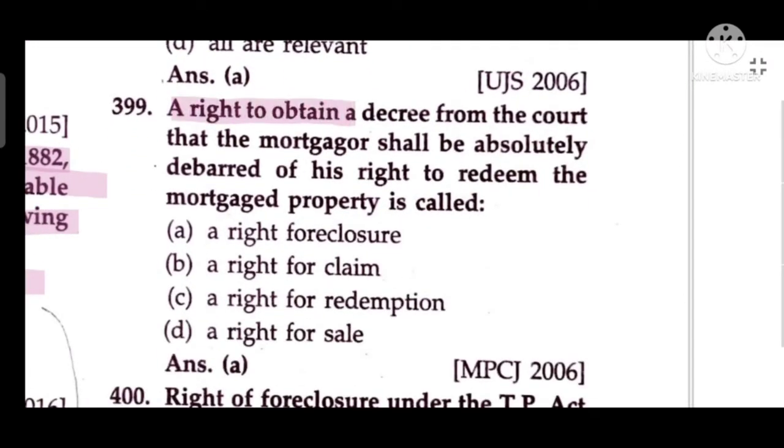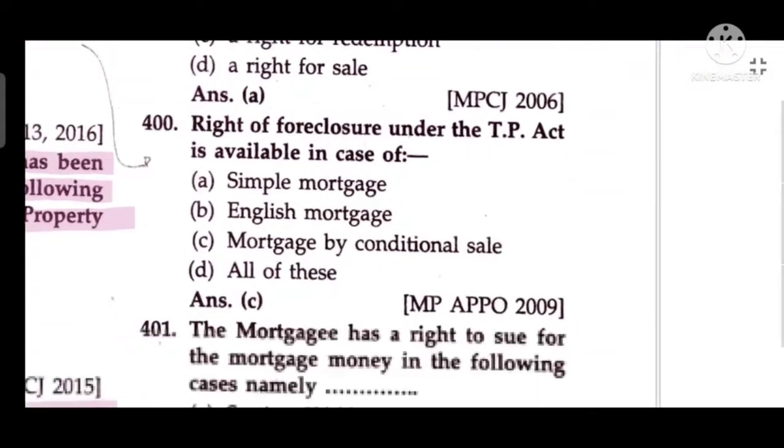A right to obtain a decree from the court that the mortgagor shall be absolutely debarred of his right to redeem the mortgaged property is called the right of foreclosure. Right of foreclosure under the TP Act is available in the case of mortgage by conditional sale.